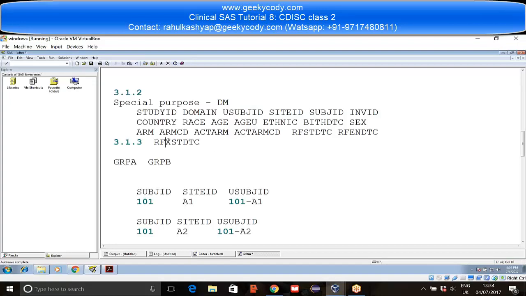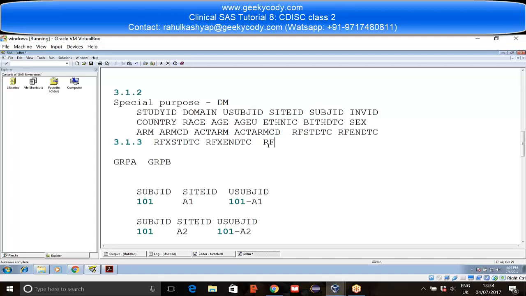So if they have taken the first dose date, RF1STDTC, this X represents the number of the dose. Also in the same way we'll have reference end date, RFXENDTC. What is the last dose date? When they have taken the last dose.